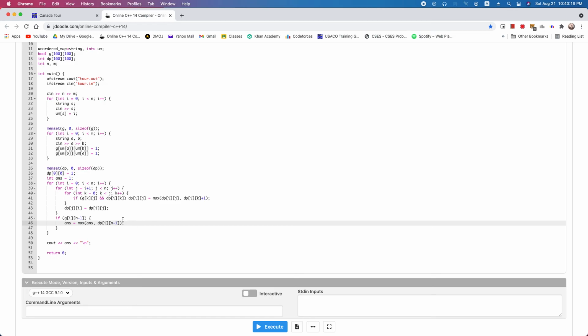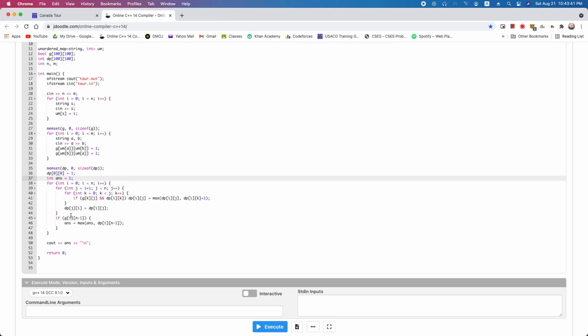So we check the final city, and we get the total maximum number of cities or points that we visited during this tour. The answer will initially be 1, because this is the default case if we don't visit any city other than the first one.